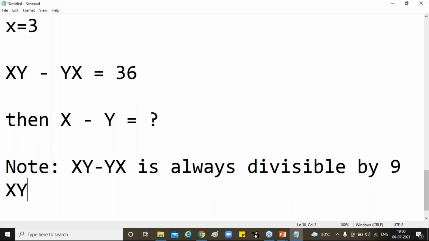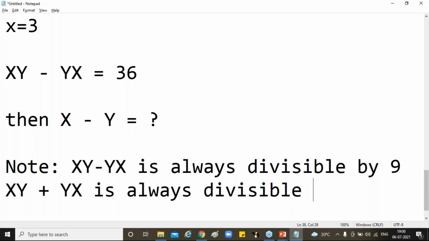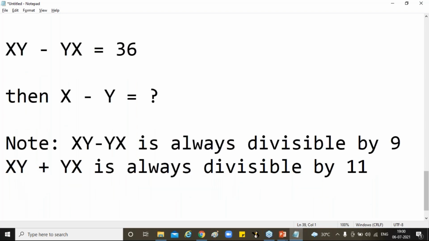Second point, xy plus yx is always divisible by 11.